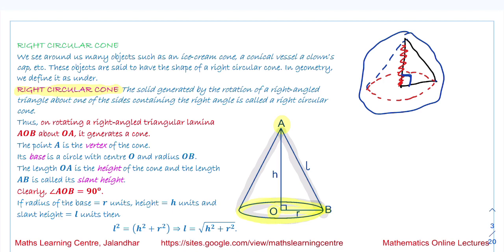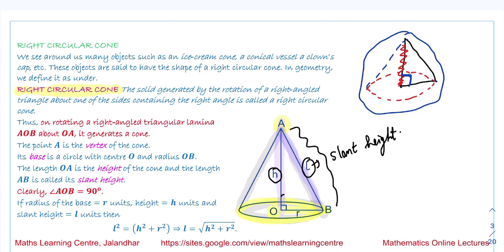The length OA is the height of the cone, and the length AB is called the slant height. Height of the cone we write as H, and slant height is this AB.